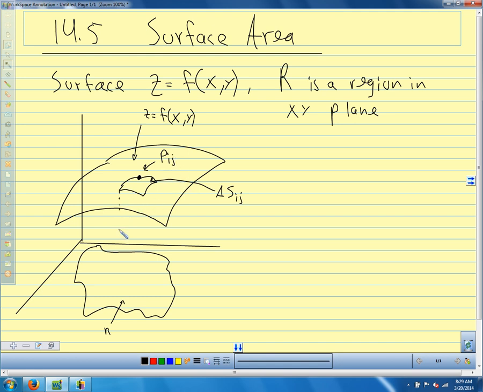We can project this down into the xy plane, and we get a little rectangle or a parallelogram in the xy plane.